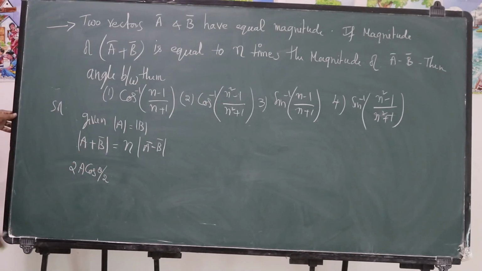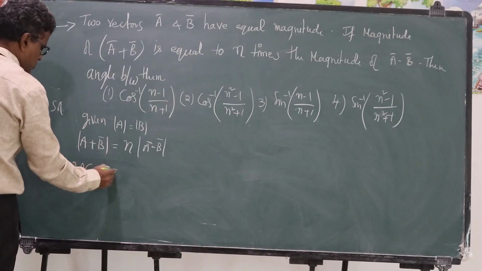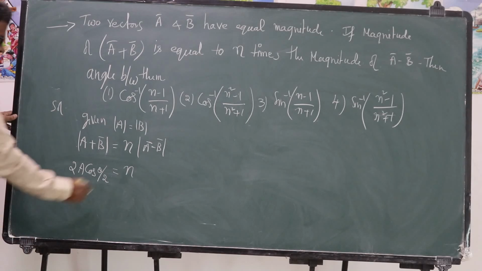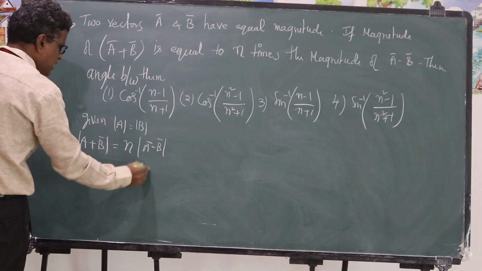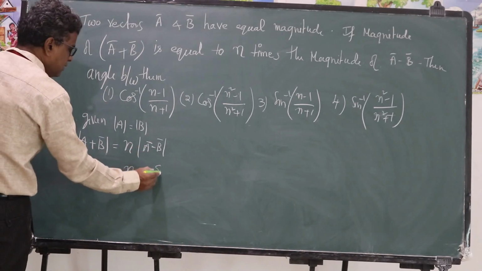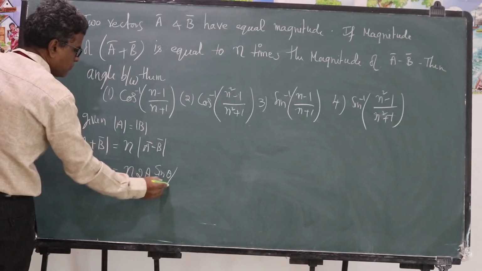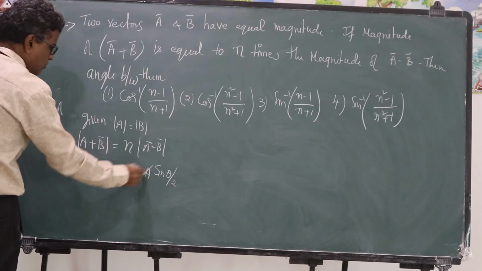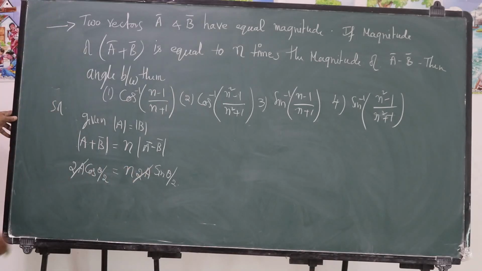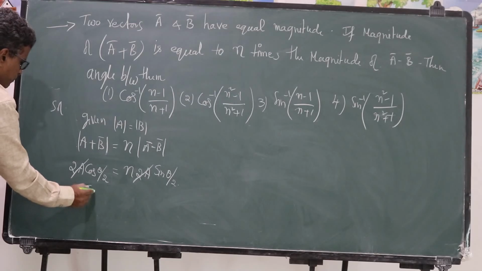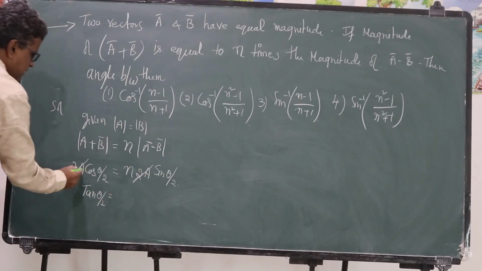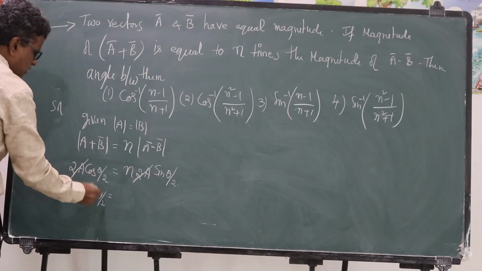The magnitude of this is n times the magnitude of A minus B, which is 2A sin theta by 2. So 2A gets cancelled. So that is tan theta by 2.